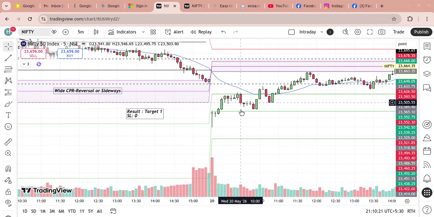So on this 10 a.m. candle, the virgin CPR reversal pattern happened. You should ideally go short here. Your stop loss should be out of the virgin CPR, like the top of this virgin CPR, somewhere here. So look how big your stop loss is, or even the central pivot of the CPR. And then 1 is to 2 is your target.